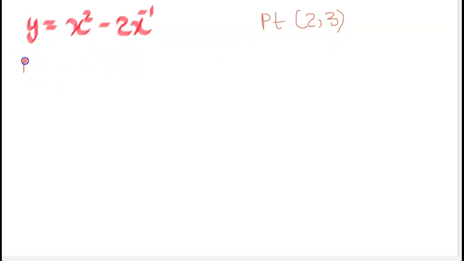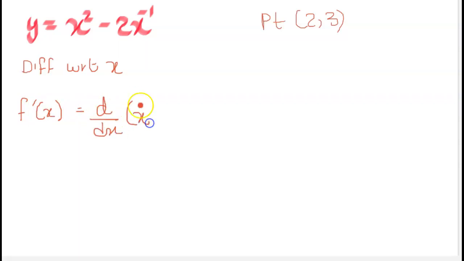We need to differentiate it. So differentiate with respect to x. Just to save time, I'm going to call that f dash x here. And here I'm going to write d over dx of x squared minus 2x minus 1.